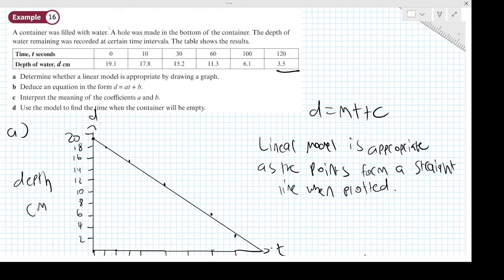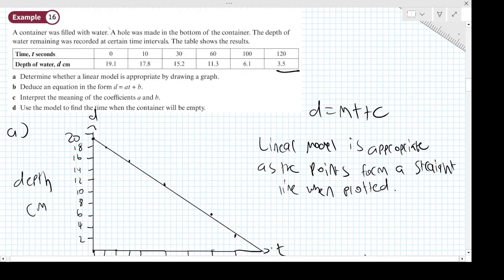More particularly, t is time, so as time goes up by 1, the depth goes down by 0.13. So when it says interpret, you really need to relate it to the question and the problem it's telling you about. If you do see that, you need to relate it to the real life scenario in the problem.